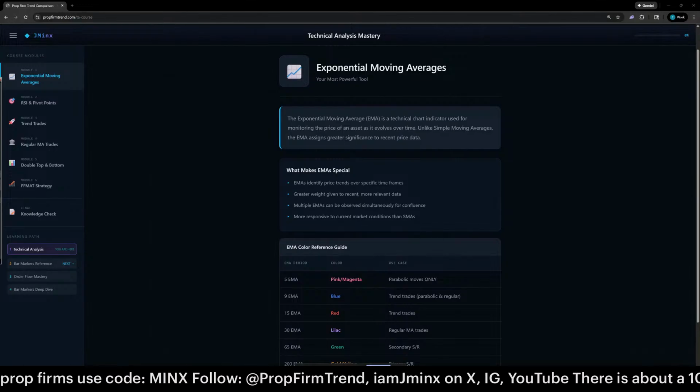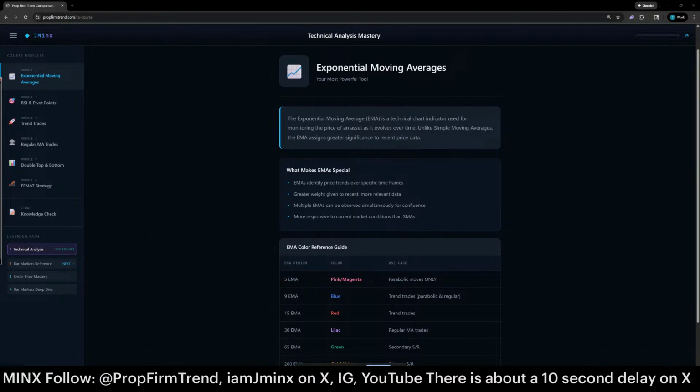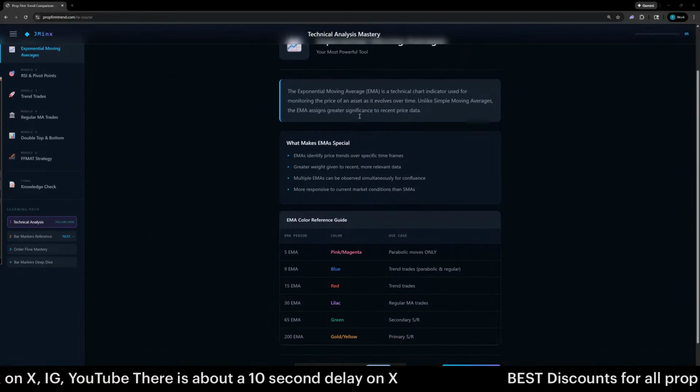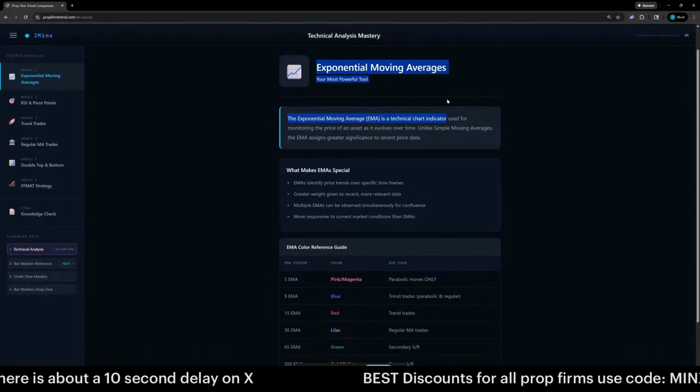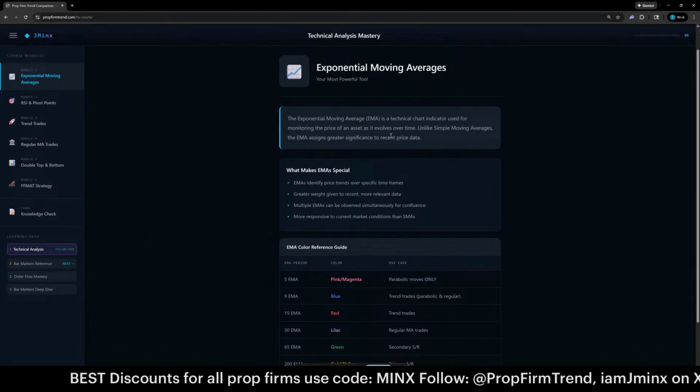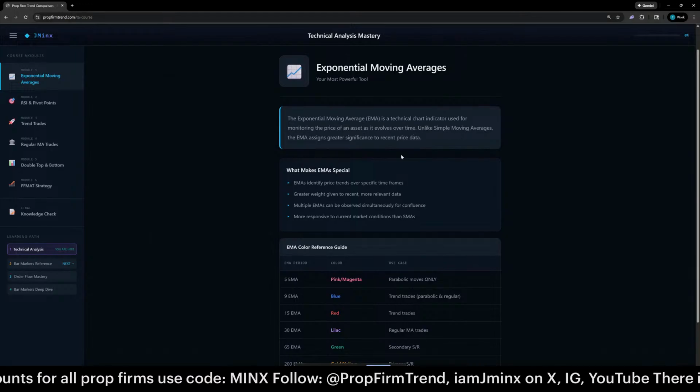Okay, so with that said, when I use my order flow footprint, I use it in conjunction with my technical analysis. My technical analysis is very simple.